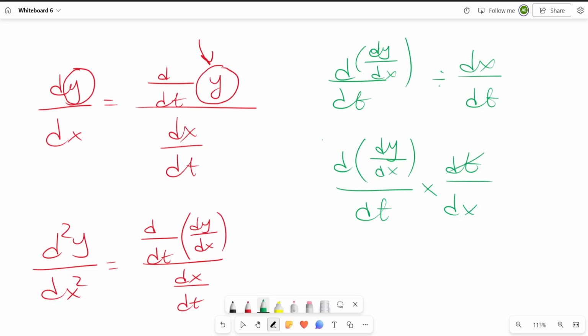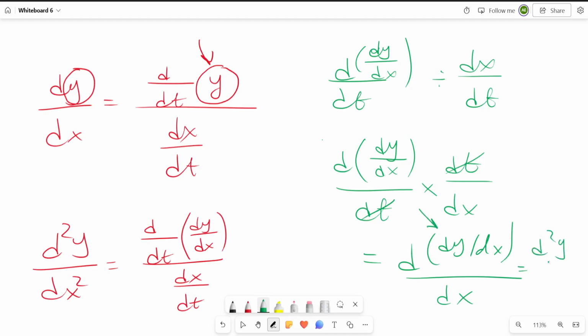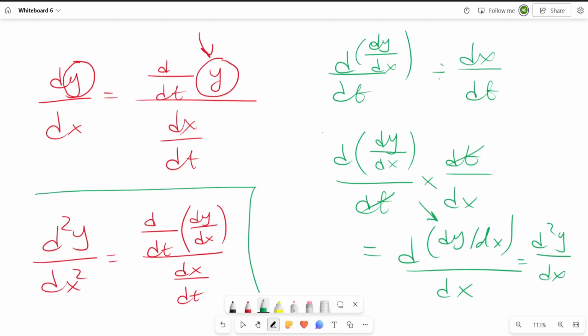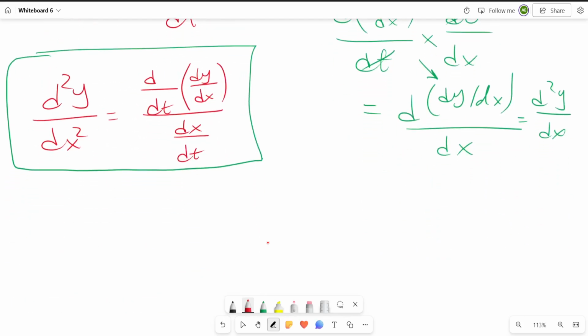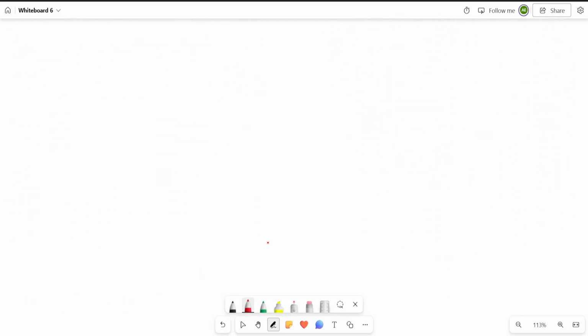So again, these dt's are going to cancel, and we will have differentiation of dy by dx with respect to dx, which is basically differentiating the first derivative, which is equal to the second derivative over here. So basically, this over here is how to find the second derivative, and it will make more sense when we try to solve it using the next example.